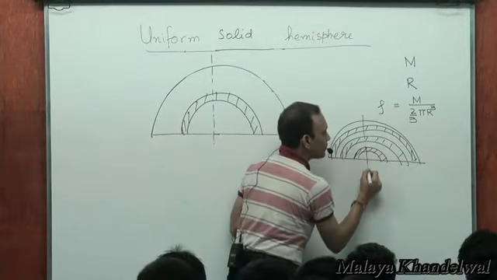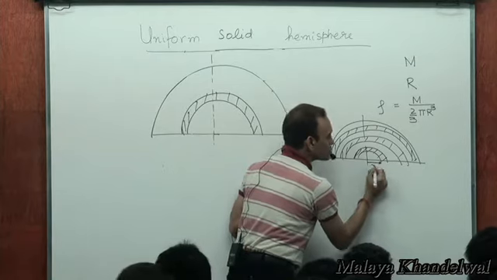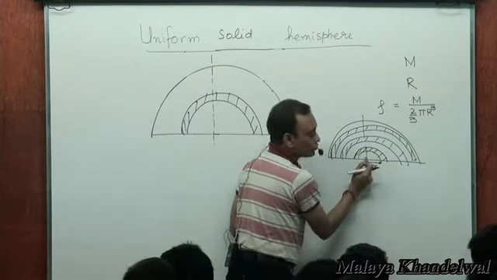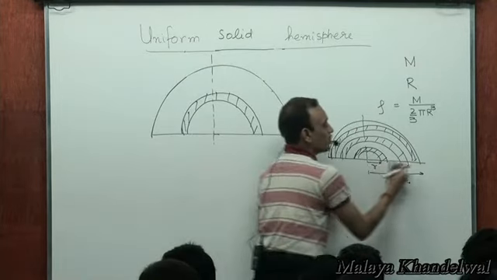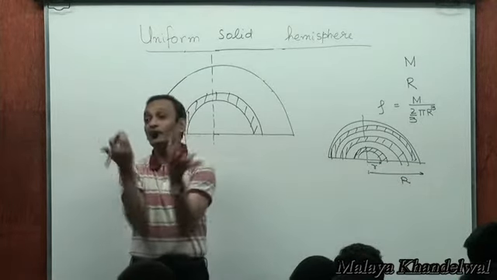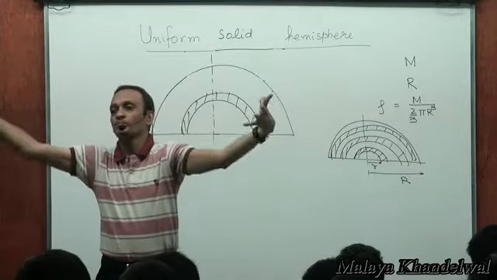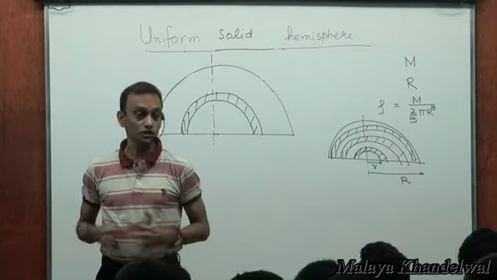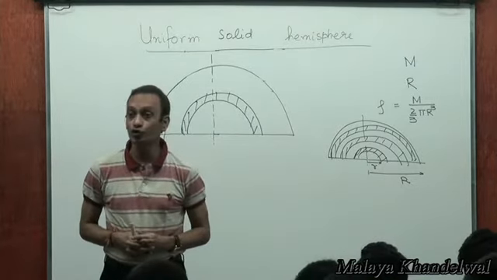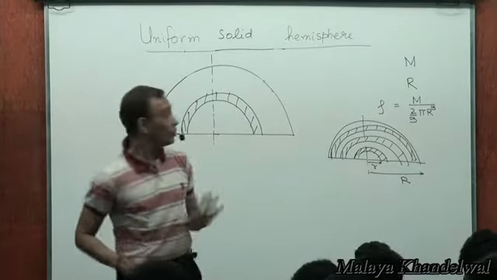So starting from small r equal to 0 to small r equal to capital R, I'll cover all the hemispherical hollow caps that constitute this solid hemisphere. What do you say? Right?